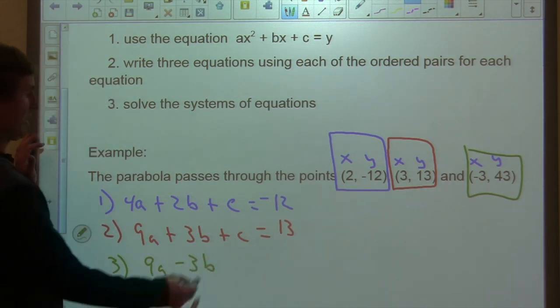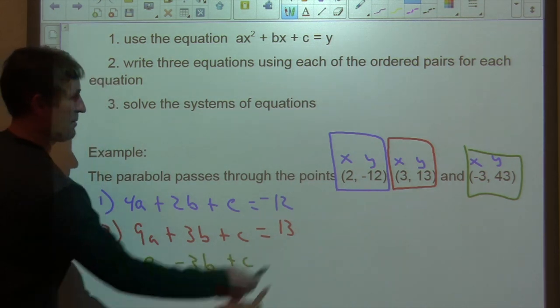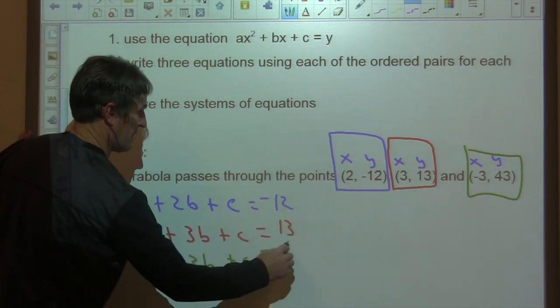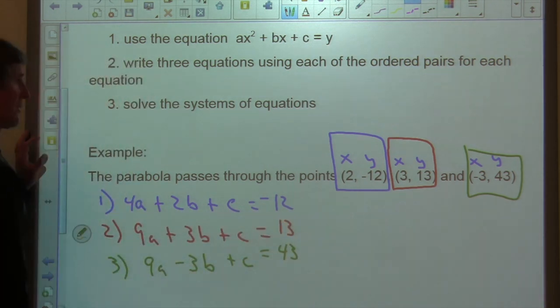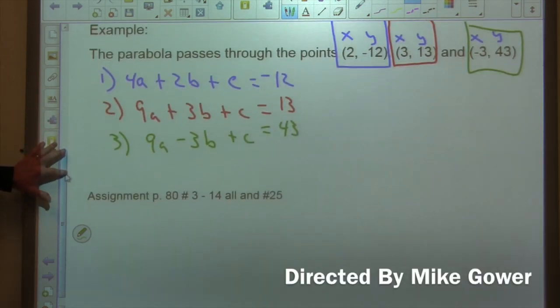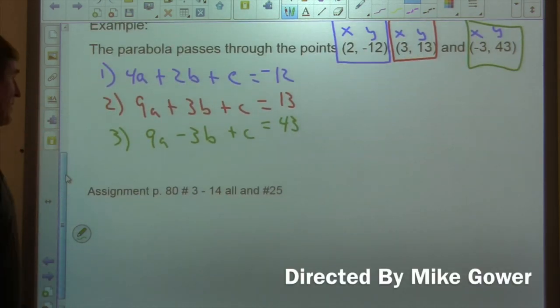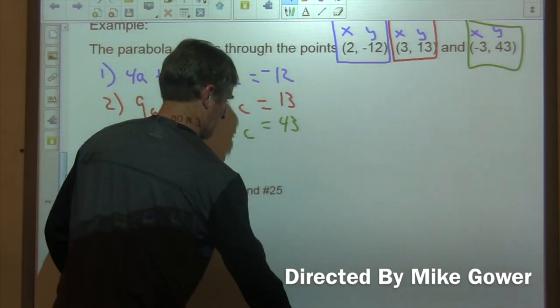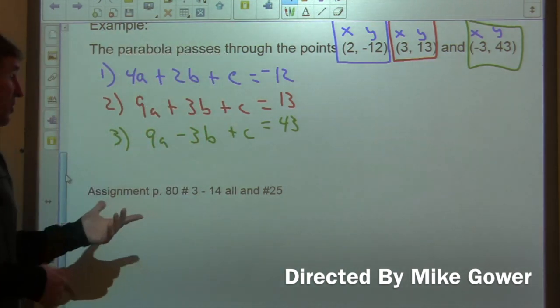And then I don't know c, so that stays c, but I'm going to plug in 43 for my y value. So now we have 3 equations with 3 variables. And so we can go ahead and solve that.